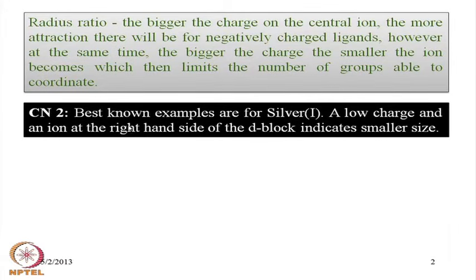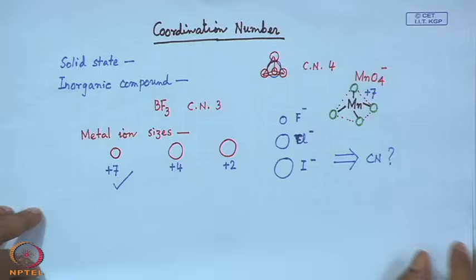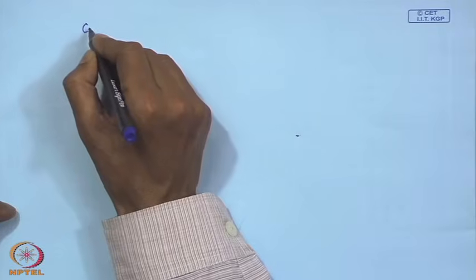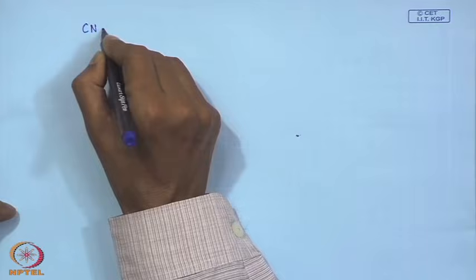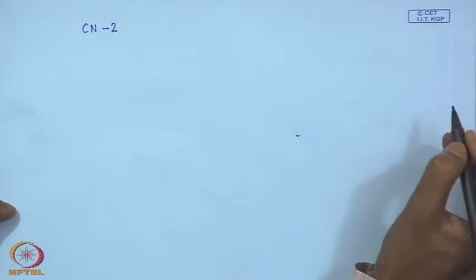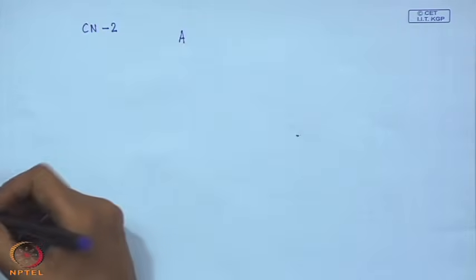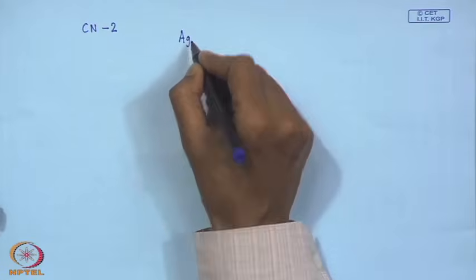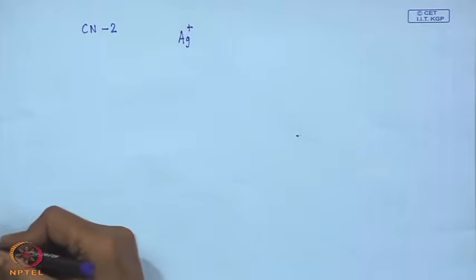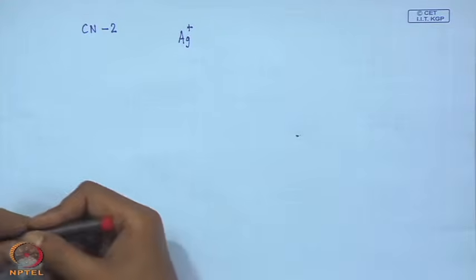So, we have several situations like that where we have a coordination number of 2. How do we get, very simply, the coordination number of 2, which is the smallest one? This also gives us a practical example for identification of chloride or the silver ion.